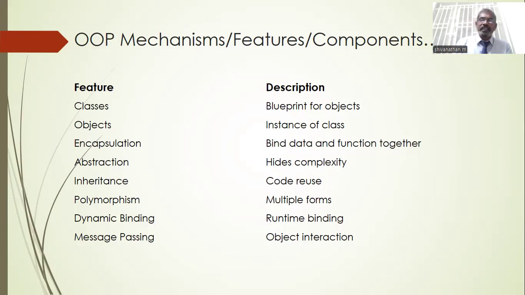So these objects can communicate, can pass messages. Message passing is a very interesting idea. We are still using it in so many web applications. When you go for server-side scripting, definitely you will learn all this message passing, where it is really used.